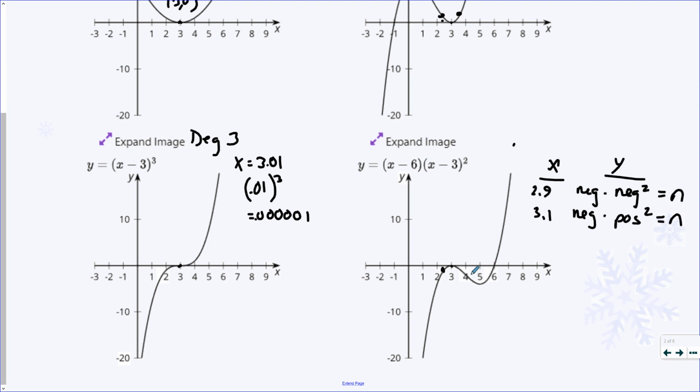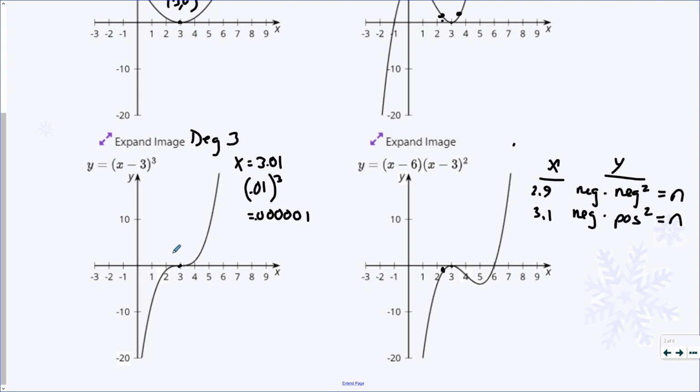And then finally, you won't see this as often, but if you have a triple factor, so x minus 3 to the third power, anytime you have a factor to the third power, it's going to cut through the x-intercept in a horizontal fashion. The official term we use for this in calculus is an inflection point, or a point of inflection.